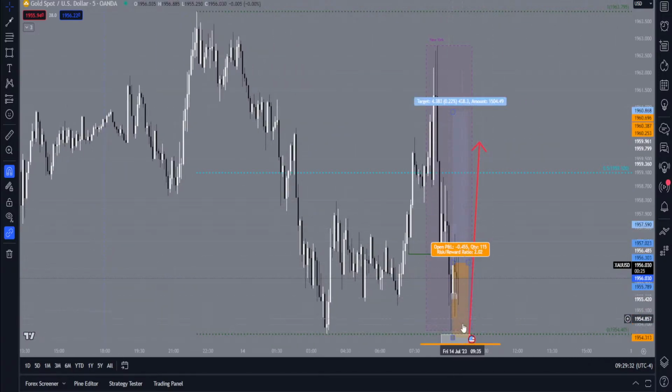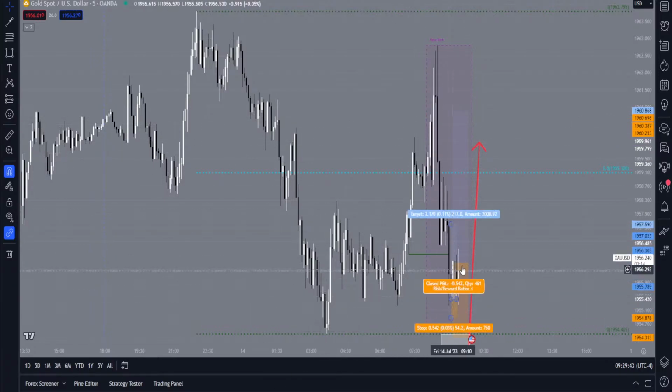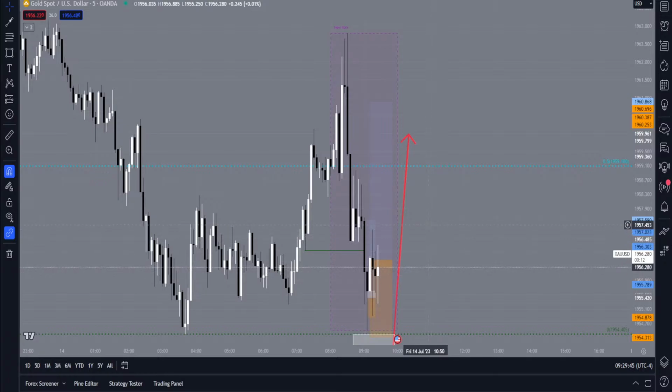So it could go ahead and keep going lower, or we could get this nice retracement up. We're still waiting.